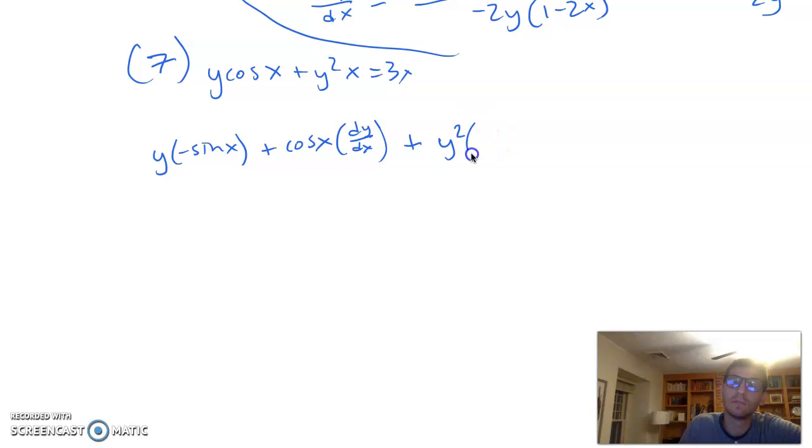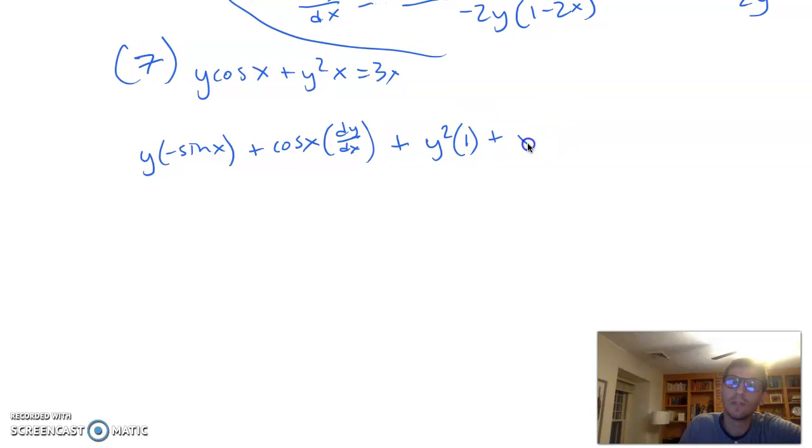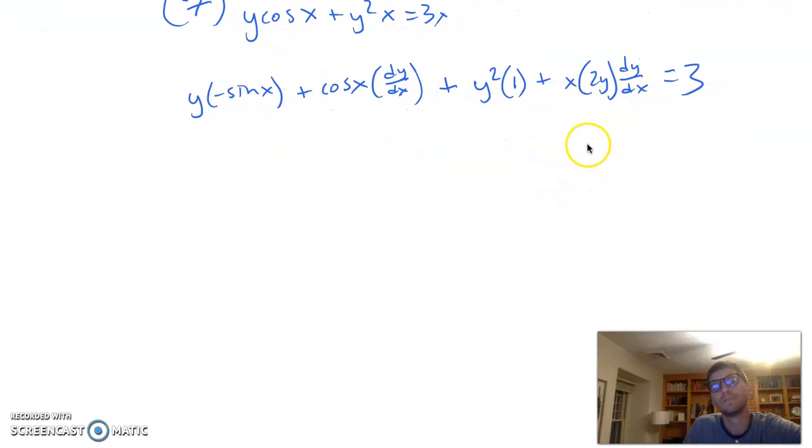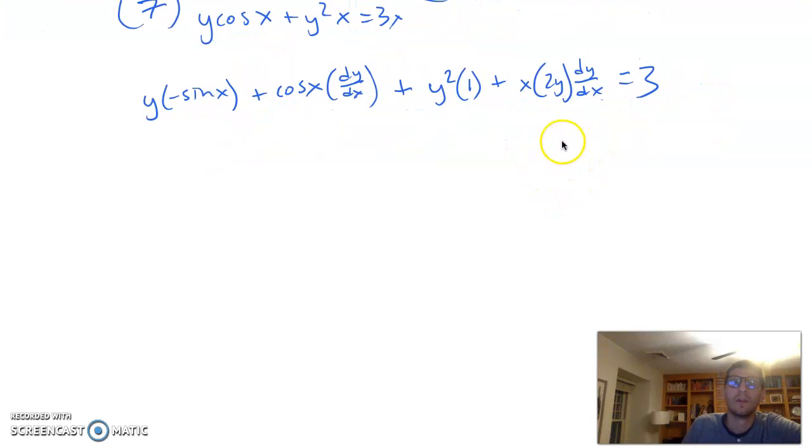That's just 1 plus right d left. Don't forget my dy dx every time. Okie dokie, so this is just going to be negative y sine x. I could add that over 3 plus y sine x. I could subtract that y squared over.